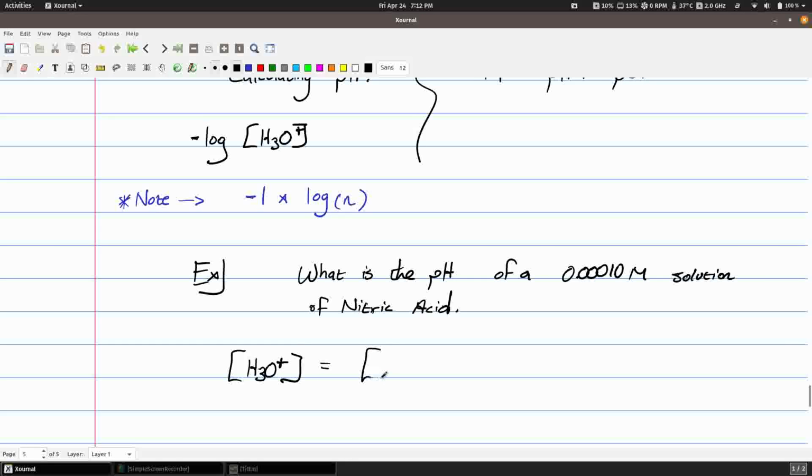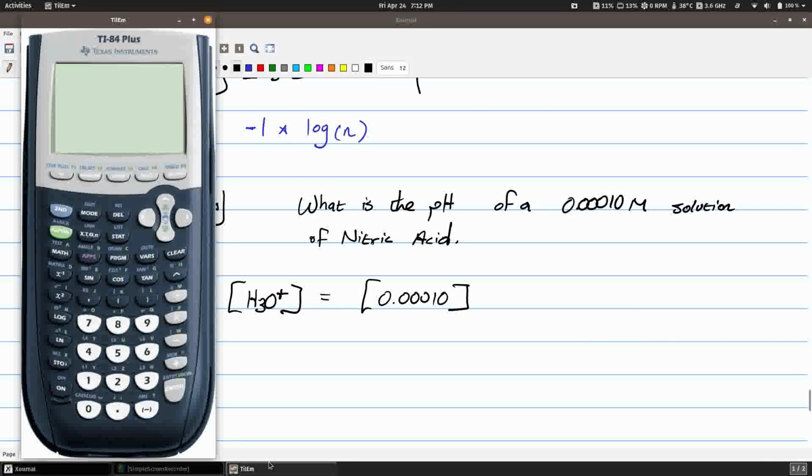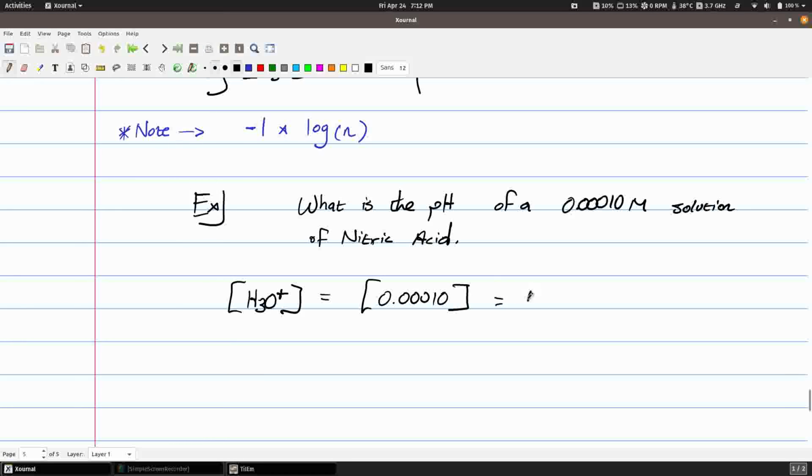So our hydronium equals 0.00010. All we have to do is pull up our calculator, clear out the stuff from last lesson, take the negative log of 0.00010, and get our answer. So our pH is going to be 4.